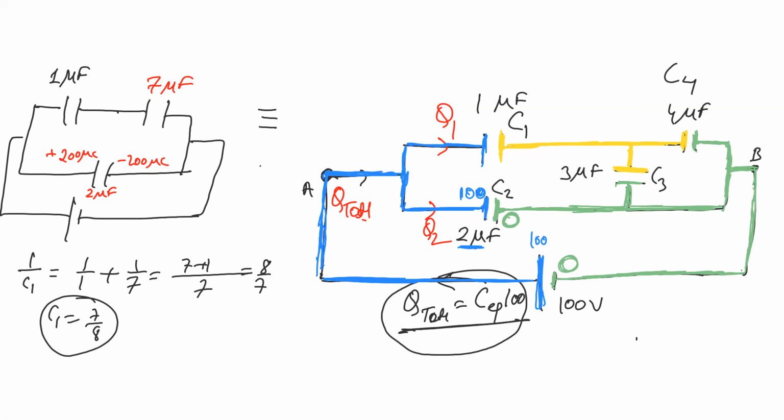What is the minimum capacitance here? 1 microfarad. So it will come less than 1 microfarad. Remember that logic: in series combination of capacitors, the equivalent capacitance will be less than the least capacitance. So 1 is the least, and less than that it will come, 7 by 8.